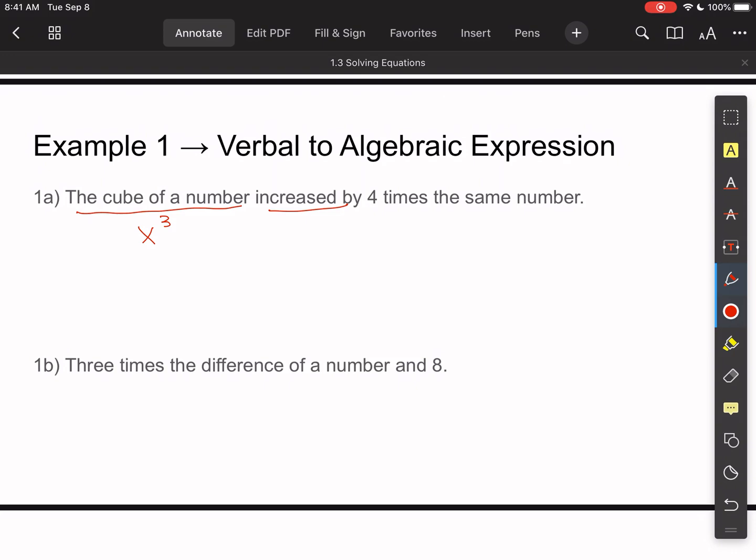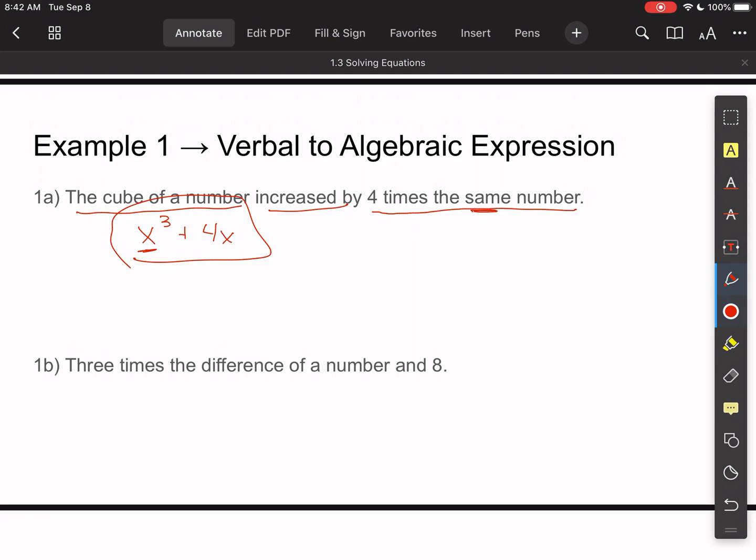So we're going to add, and then it says 4 times the same number. If I used x to represent the first number, I have to use it again because it's the same number. So we're going to say plus 4x. Okay, so you can use whatever variable you want. I chose x just because x is what we're super familiar with, but you could use whatever you want.